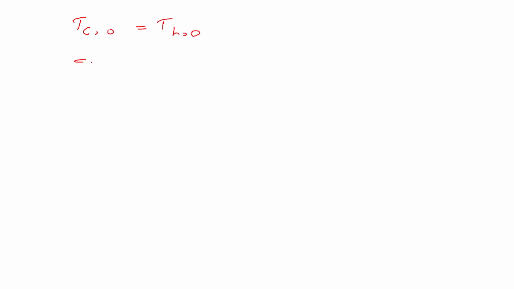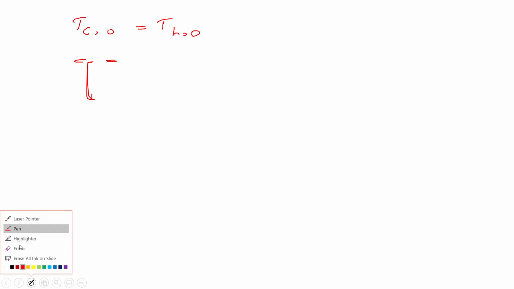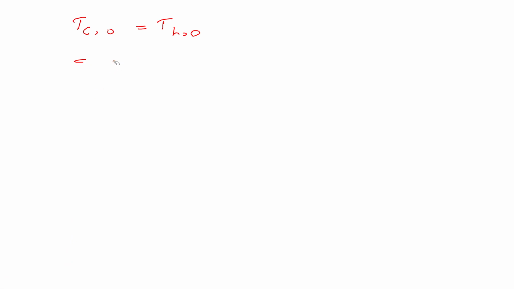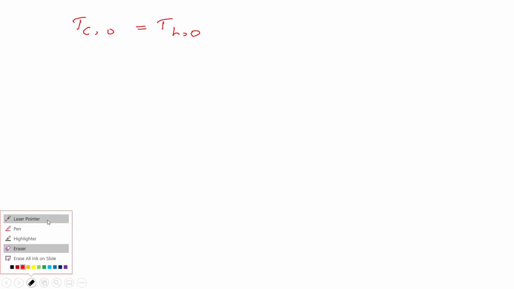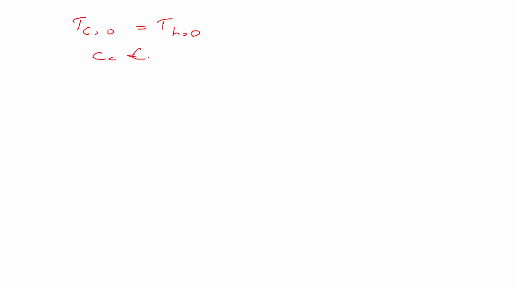Hence you can write C_c times (T_c,o minus T_c,i) is equal to C_h times (T_h,i minus T_h,o), where T_h,i is the inlet temperature.